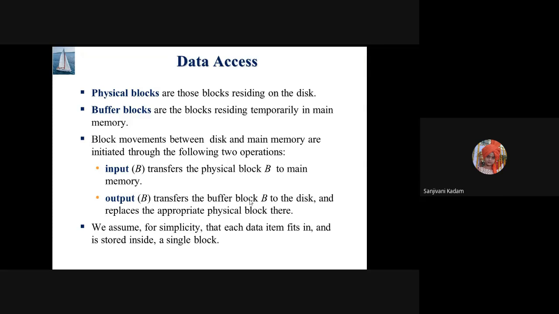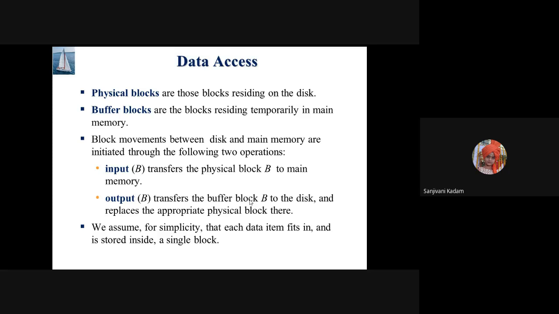If I'm performing an input operation, contents will be read from the database; with an output operation, contents will be written to the database. So input transfers physical block B to main memory, and output(B) transfers buffer block B to the disk and replaces the appropriate physical block there.